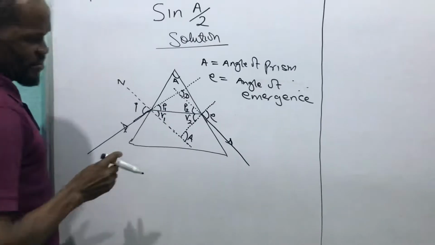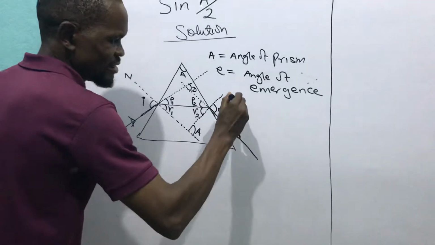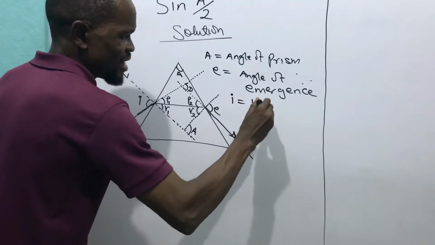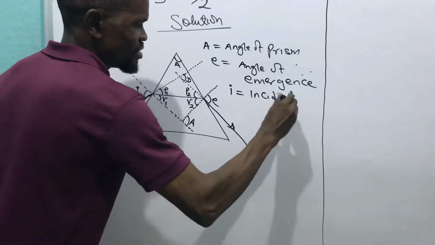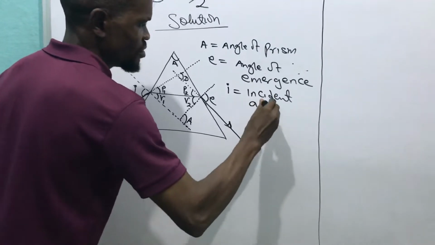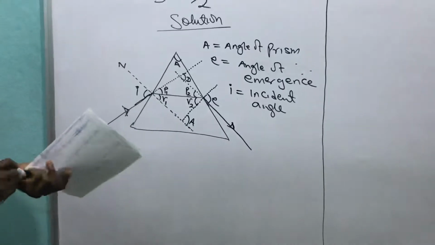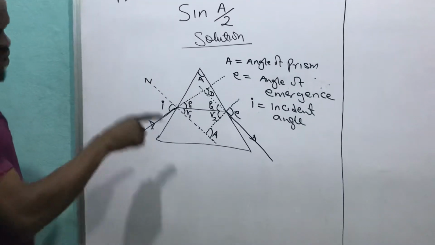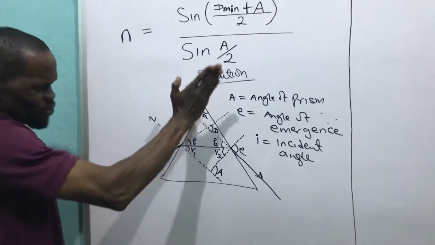Then I is the incident angle. Okay, now let's move. We see that this ray is supposed to continue like this.